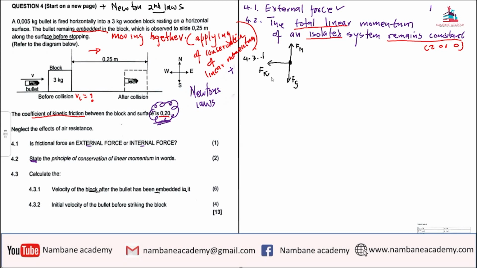That is now my Fk from Newton's second law. We don't have a force applied, ladies and gentlemen. Remember, it is just a collision between the bullet, which was already moving, and the block. So this object of mine is actually the mass of the bullet plus the mass of the block.